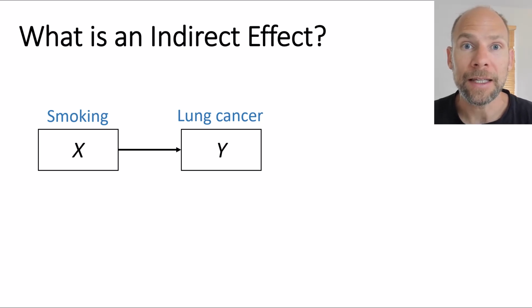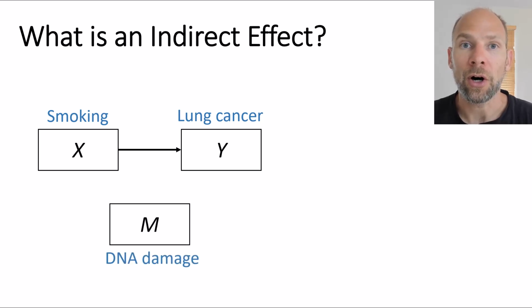However, it is not the case that when you smoke you immediately get lung cancer. So the effect of smoking on causing lung cancer is not direct, or not entirely direct at least, but rather smoking causes damage in your cells, specifically in your DNA, and then such DNA damage or DNA changes can lead to abnormal cell growth and can cause lung cancer.